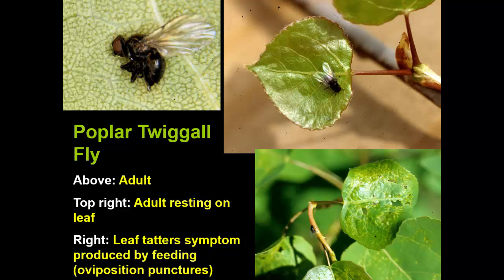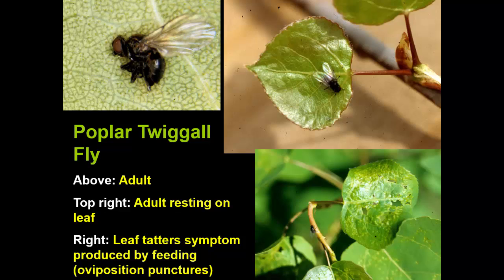The poplar twig gall fly females will, incidentally, periodically puncture the leaves with their ovipositor to get sap from the leaf, and these injuries are exemplified in the picture in the lower right, where you might see little spots and tears in a leaflet. That was caused by injuries made by the adult female as she was trying to get moisture and sap out of the leaf by puncturing it with her ovipositor.